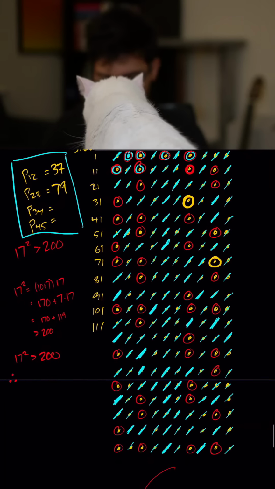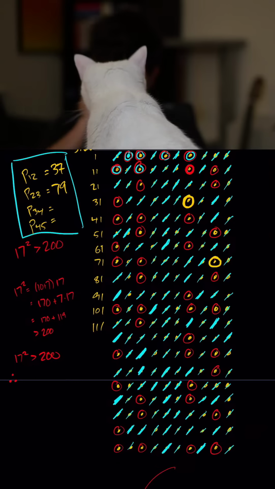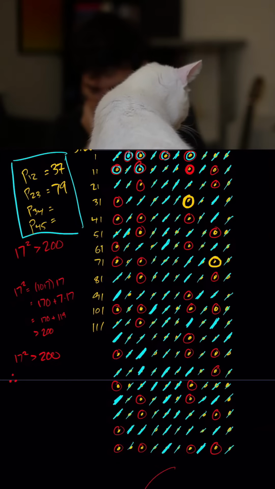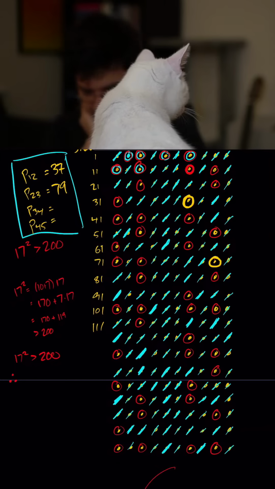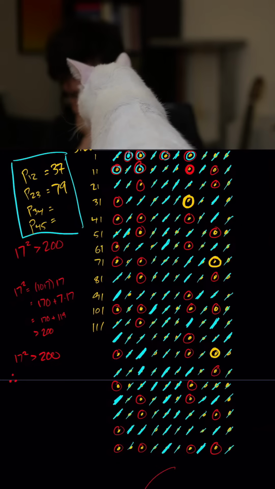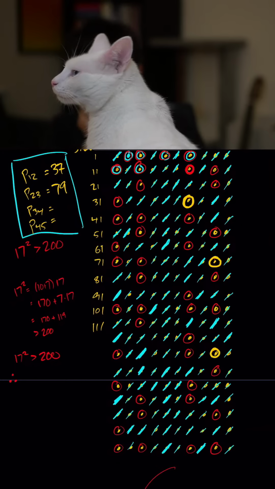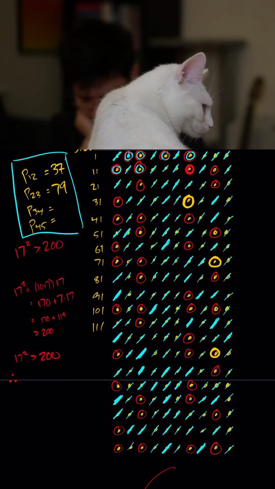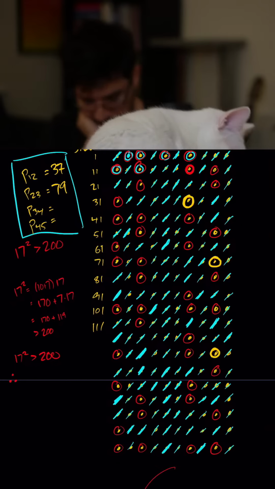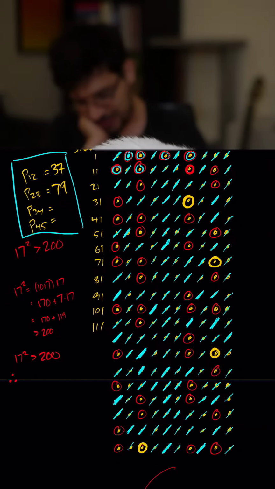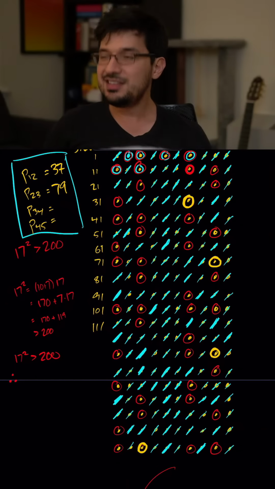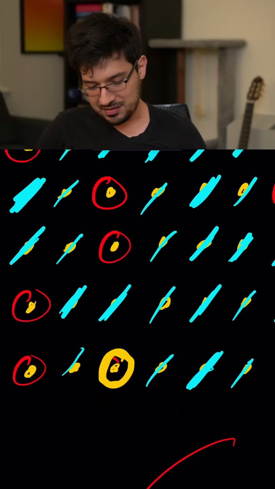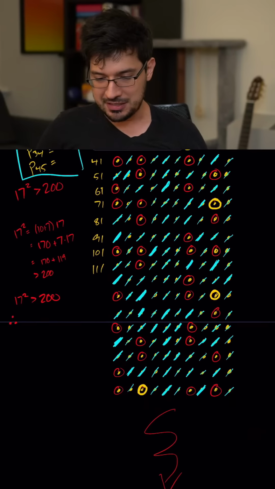That's the 23rd. 24, 25, 26, 27, 28, 29, 30, 31, 32, 33, 34, 35. Here's the 35th prime. 36, 37, 38, 39, 40th, 41, 42, 43, 44, 45. Look at that. We got it. Cool. So just barely the 45th prime is still less than 200.